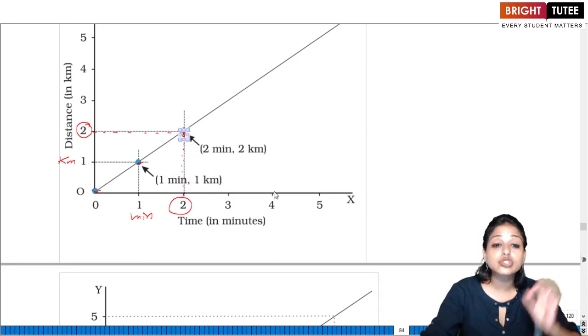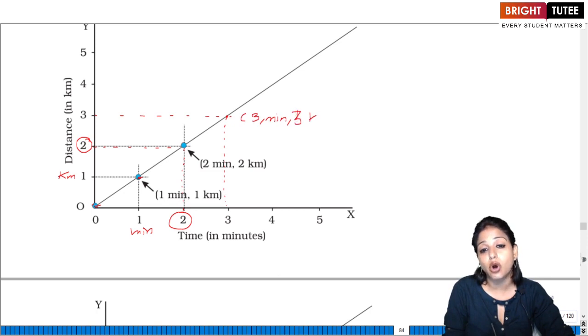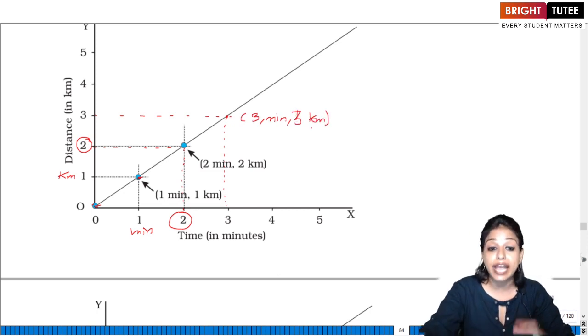Okay, people? So if you keep on putting your data points, you will see 3 and 3 will lie on the point on the graph where 3 and 3 coincide. So this is how we are going to draw the distance-time graph.